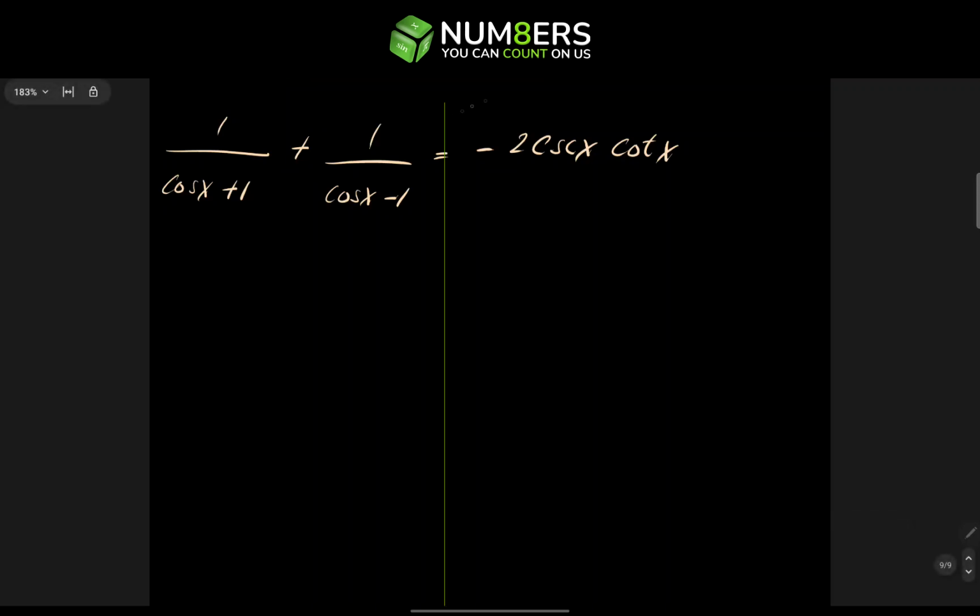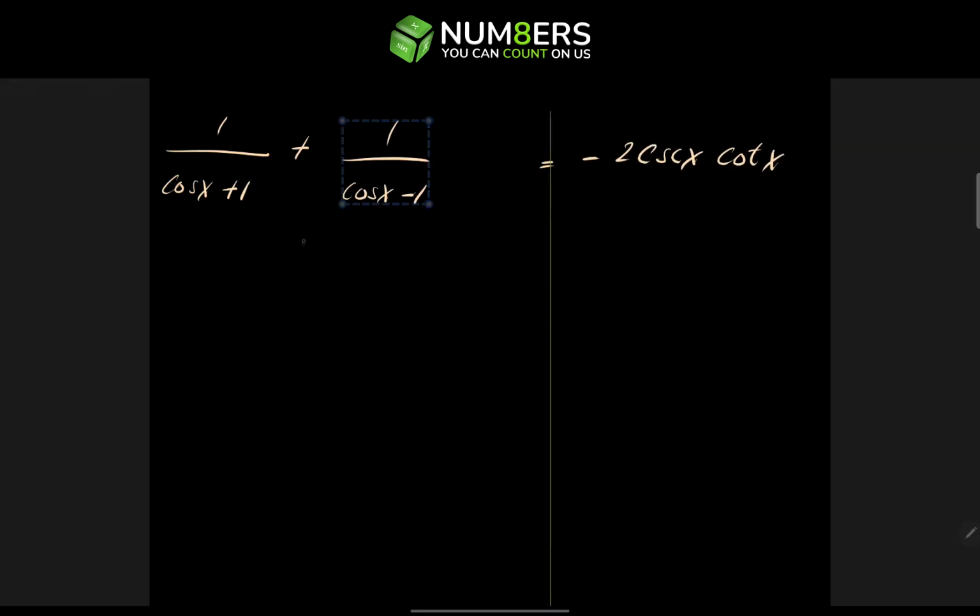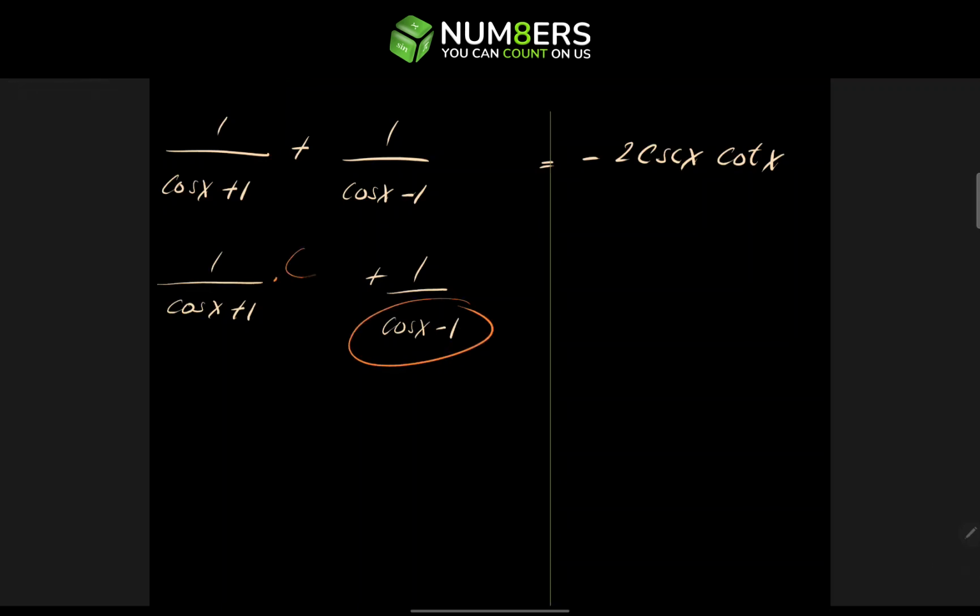So let me make a little bit of space again and shift this one to the right. Let's keep this one the same. And we start by writing 1 over cosine of x plus 1, plus 1 over cosine of x minus 1. Now I'm going to multiply by cosine x minus 1 here, top and bottom, and by cosine x plus 1 here, top and bottom, to get the common denominator.